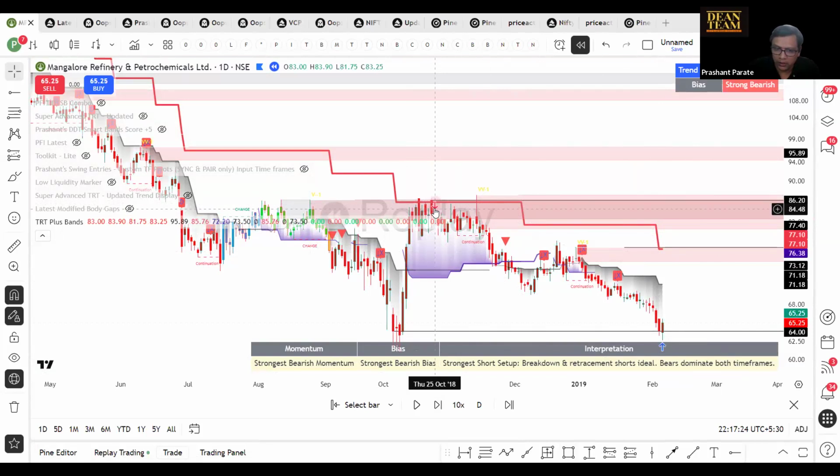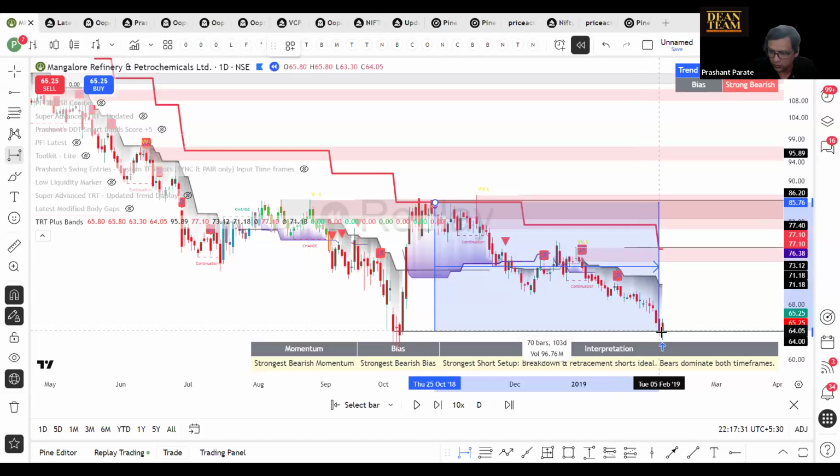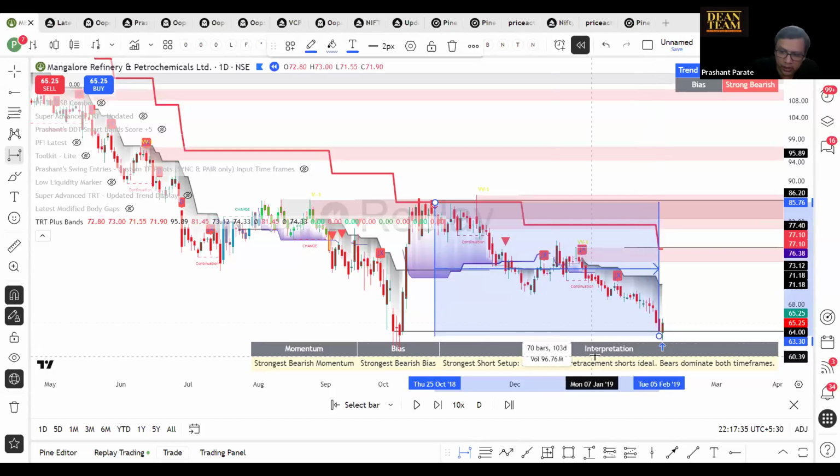You can note that, let me check the days from here to here, this candle. There were 103 days or 70 candles. So to take a trade, you would have to wait for 70 candles or 103 days.